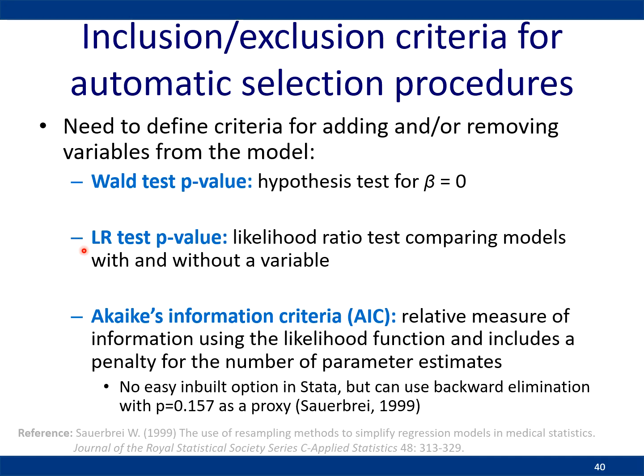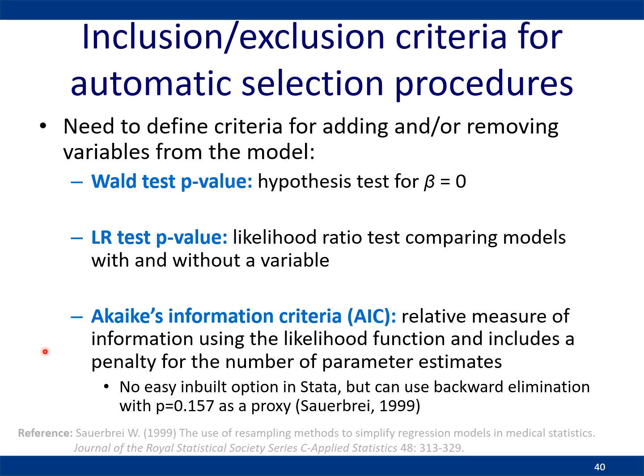Another option is to use the likelihood ratio test p-value that compares 2 models with and without the variable of interest. And finally, we could consider Akaike's information criterion, or AIC, which is an information criterion based on the likelihood function and also includes a penalty for the number of parameters being estimated.